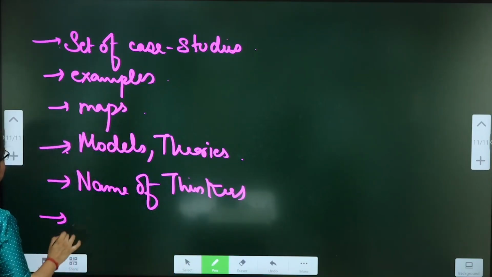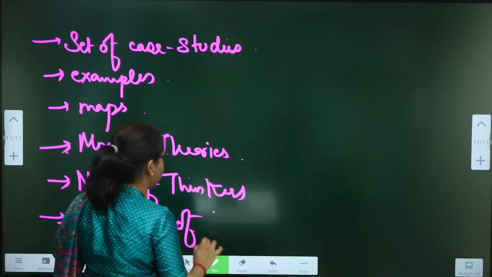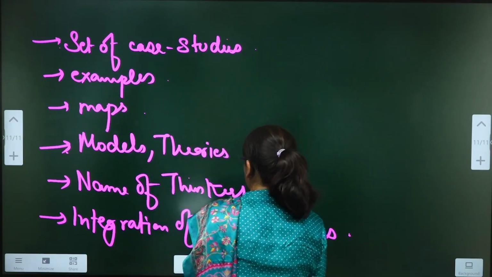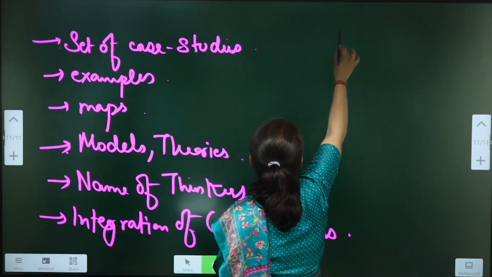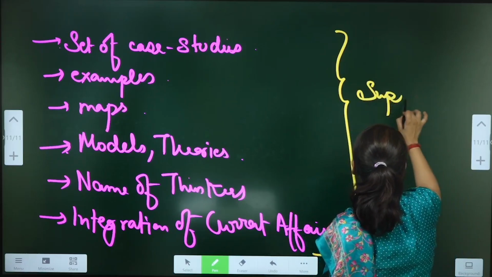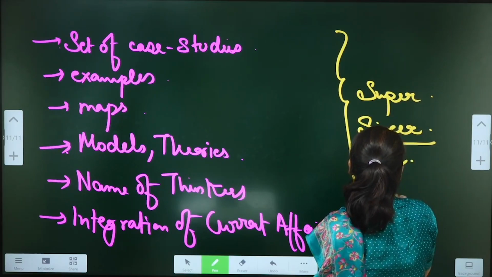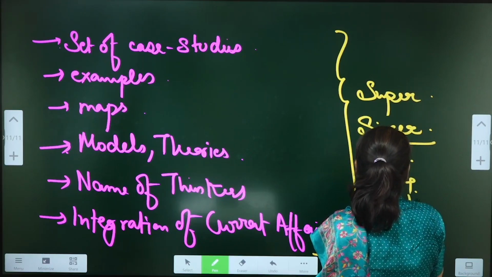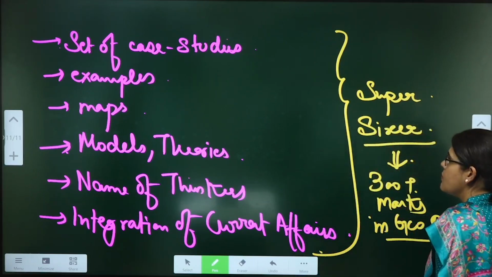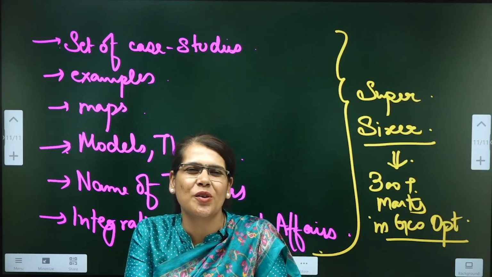And lastly, the integration of current affairs. So these are like super 6, okay, which will help you get 300 plus marks in geography optional.